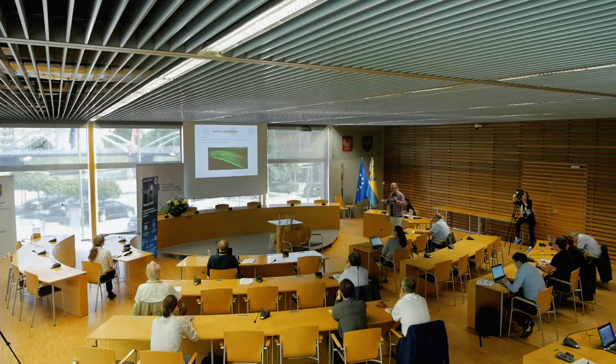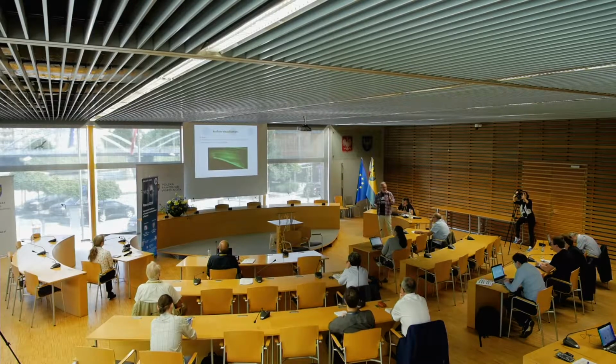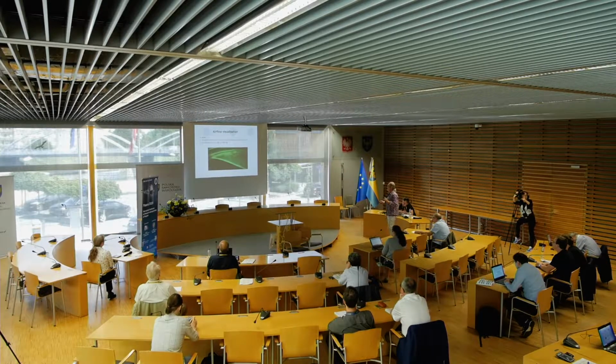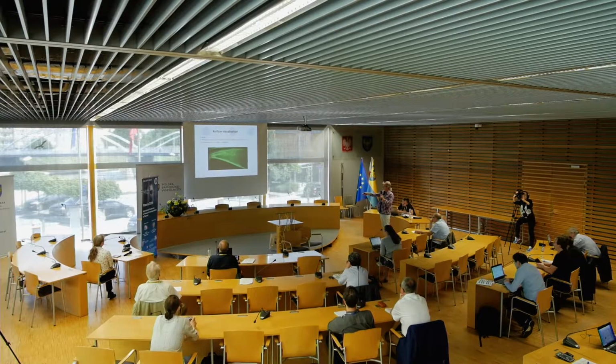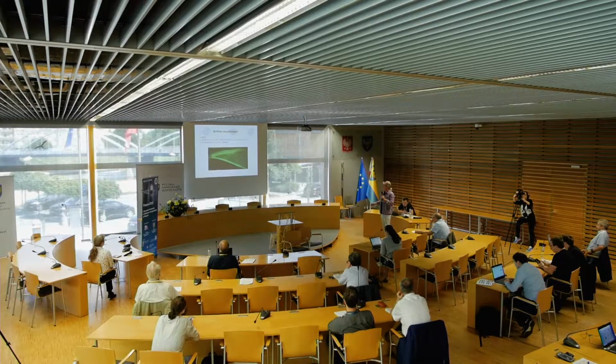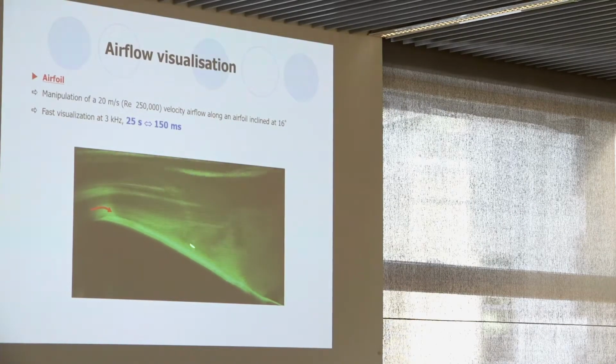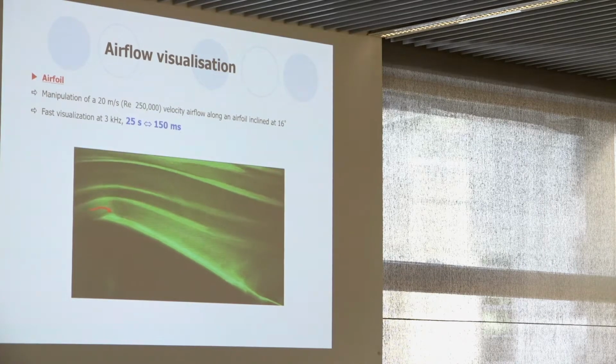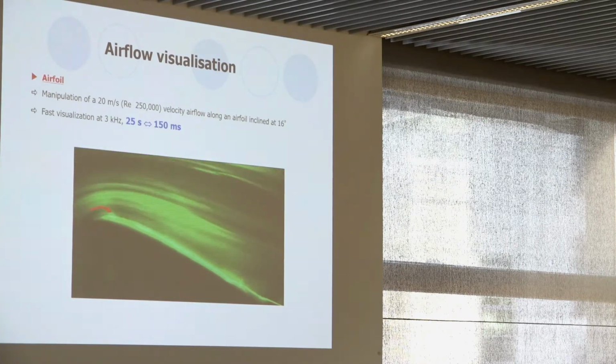So if you are able to reattach a flow which is naturally detached, you can increase the lift. It's very interesting in aeronautics, of course. So we have a discharge here. Without discharge, it's separated. Can we see the vortex here? And when we apply the discharge, just now, we can see that we are able to reattach the flow along the wall of the profile.